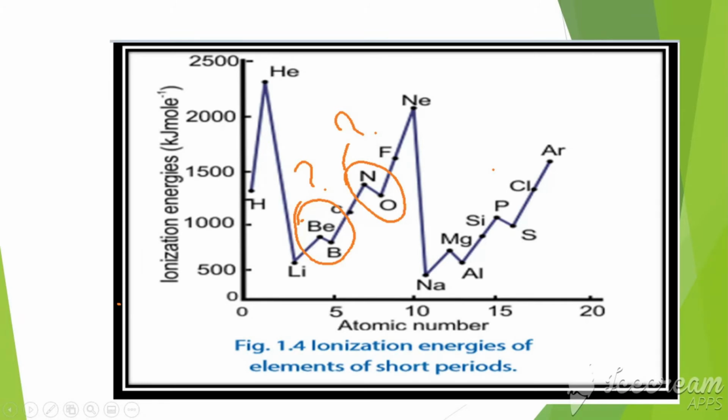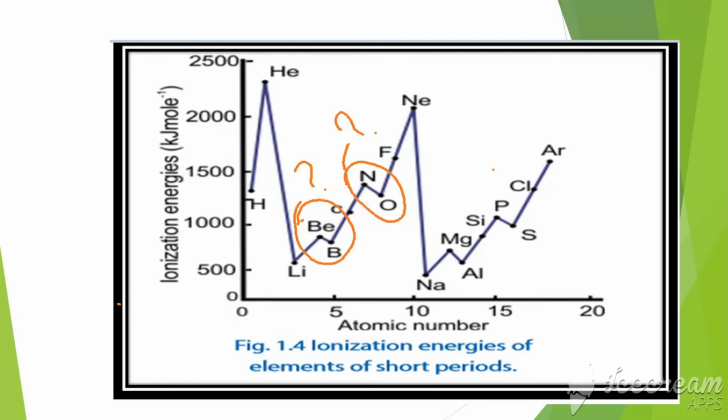Another exception is between nitrogen and oxygen, that is between 5th group and 6th group. Oxygen should have higher ionization energy than nitrogen, but it is less. Why? Because in nitrogen, 5th group having 5 electrons, 2 in s and 3 in p orbital, and p orbital should have 6 electrons to be completely filled.